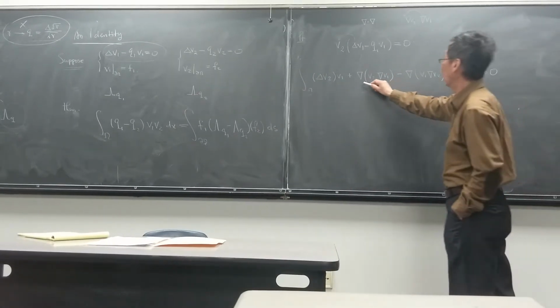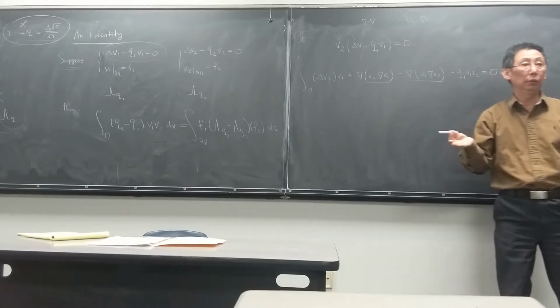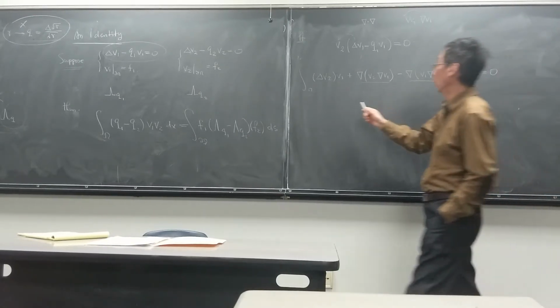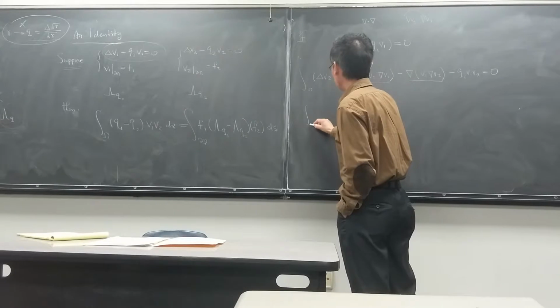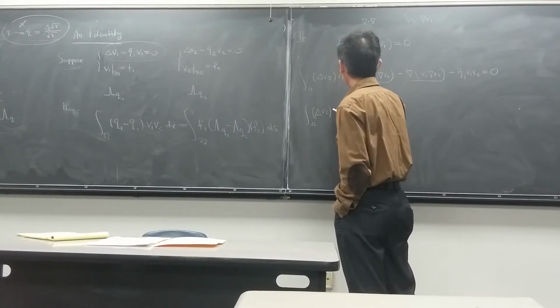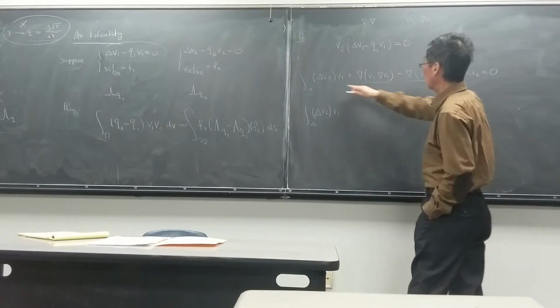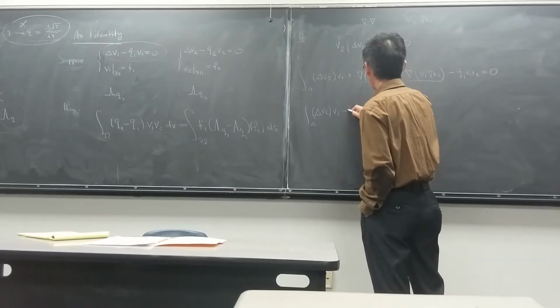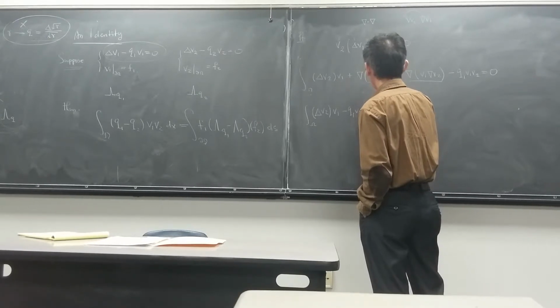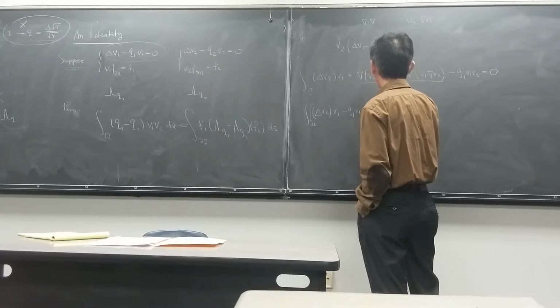Then you do the integration on these four terms. Then you can see these two terms by the divergence theorem will reduce to the boundary. Okay, so therefore you're going to have the Laplace V2 times V1, then I put this one together with this, so minus Q1 V1 V2, and this one you have dx.